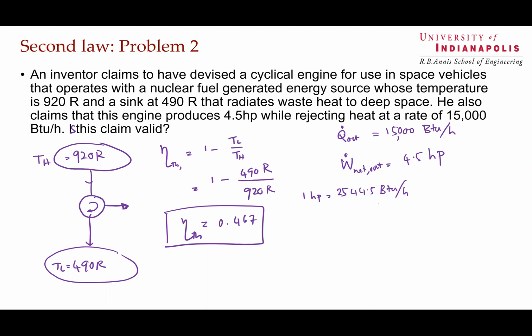So the net work output W dot net out is 4.5 times 2544.5 BTU per hour.